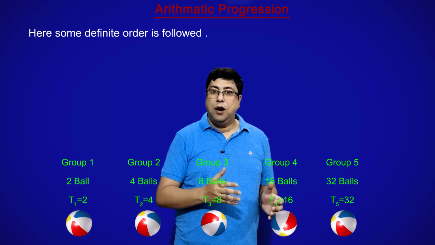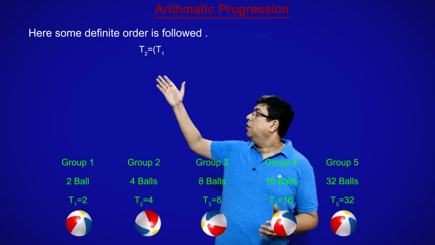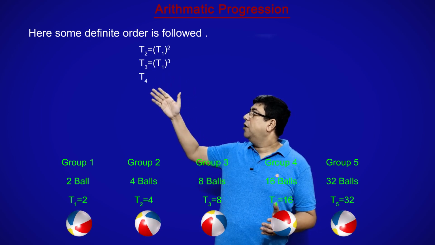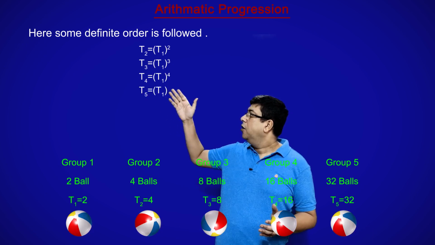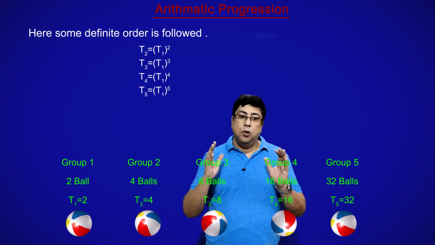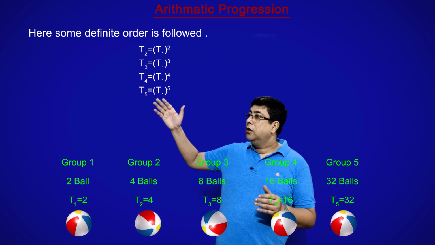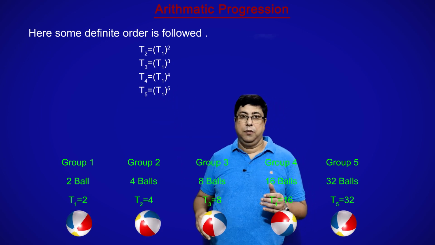What is the order? T2 equal to T1 square, T3 equal to T1 cube, T4 equal to T1 to the power 4, and T5 equal to T1 to the power 5. So this is the definite order.